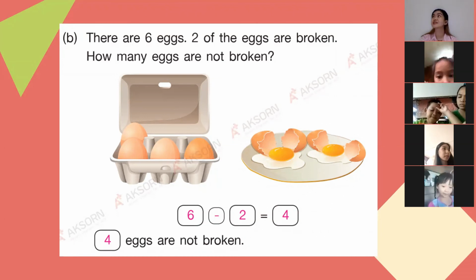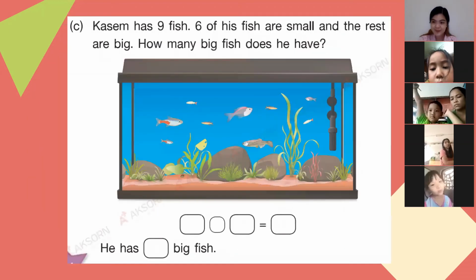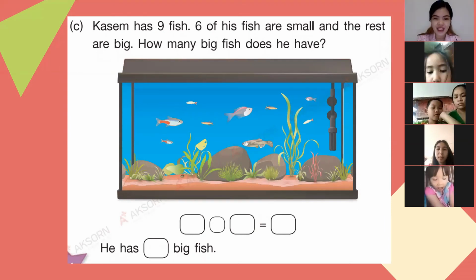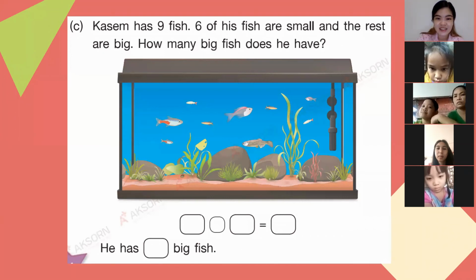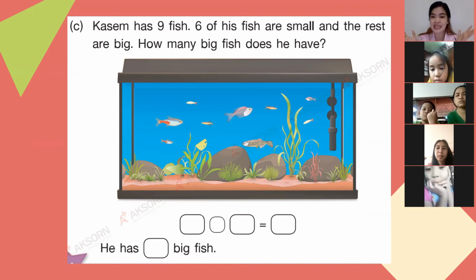Finish? Finish. Okay, so next letter C. Kasen has 9 fish. 6 of his fish are small and the rest are big. So the question is, how many big fish does he have?